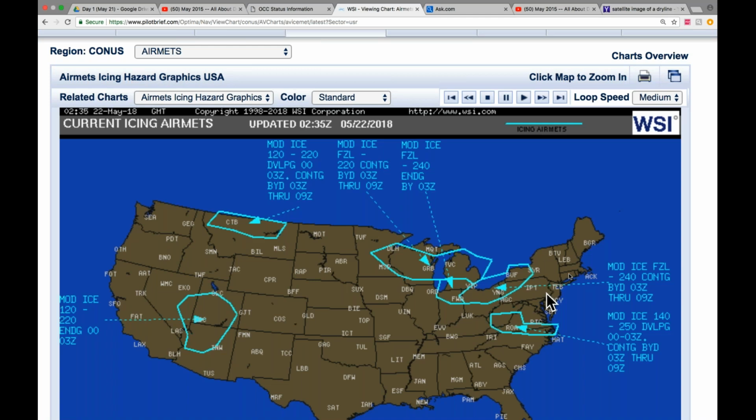But it's really at the discretion of the pilot in command and the dispatcher. At what point do they feel like it's safe to even test the waters? Let's say it's been an hour since a severe icing PIREP has shown up. What I'm going to do at that point is notify the pilot in command and tell him, hey, there was a severe icing PIREP over this area an hour ago.